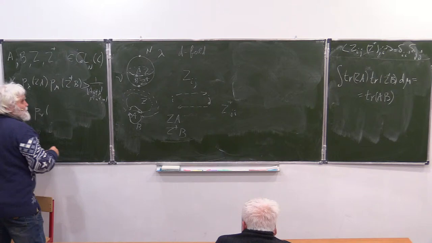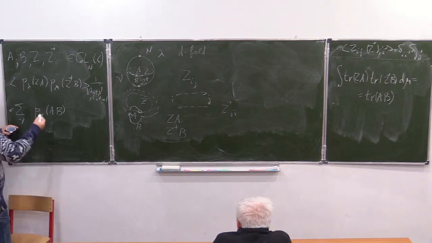How to generalize this one? We say here we have trace of AB. And here we will have AB and some partition. But we have many opportunities to get it, and the number of opportunities is exactly the Hurwitz number.